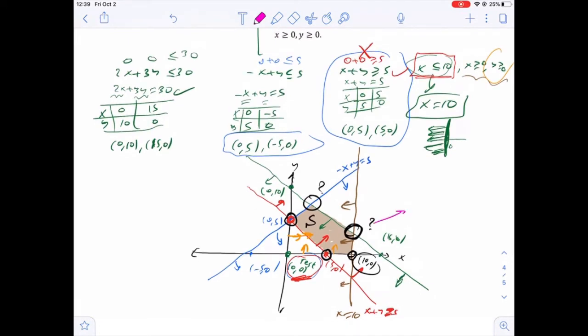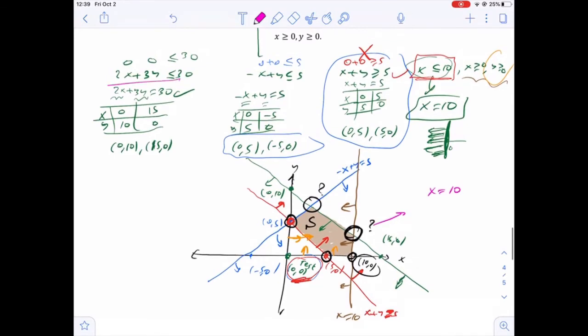This point here comes from the brown line, which is x equals 10, and the red line, 2x plus 3y equals 30. Here we can use the substitution method.